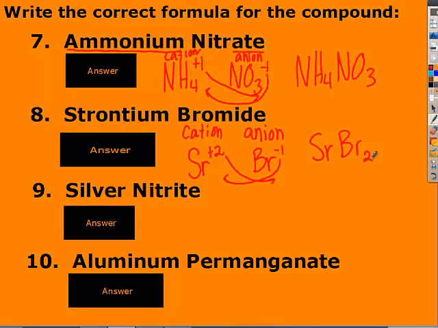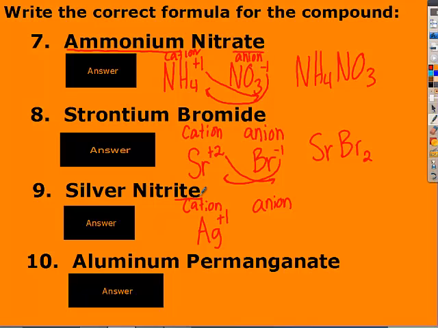Number 9. My cation. That's my positive one. That one's silver. Remember, I said silver always has the same charge. Silver is Ag. That is number 47. And I said that always has a +1 charge. Okay. Now I have my anion. If you look here, nitrite. Here goes that ite. Flip over your periodic table.